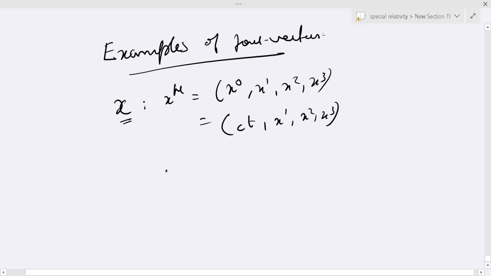And if you lower the index, x_μ, this is a vector and this is a covector. This is known as a vector and this is known as a covector. Actually we use this basic geometric idea in many places. So for x_μ the time component remains the same, but the space components are minus x^1, minus x^2, minus x^3.